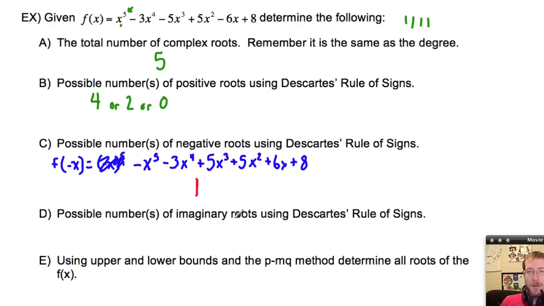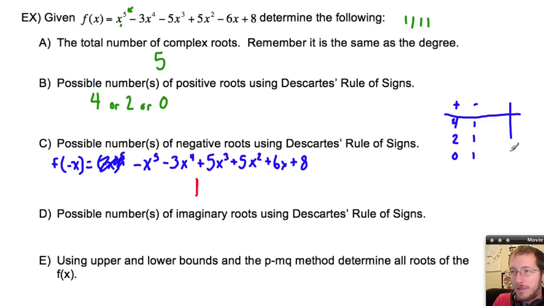Okay, so our imaginary roots. Well, I need a table to find this, and it's actually going to look just like our previous table. So we've got 4, 2, and 0 for our positives. Didn't leave myself a whole lot of room for that. It's alright. For our negatives, our only possibility is 1.